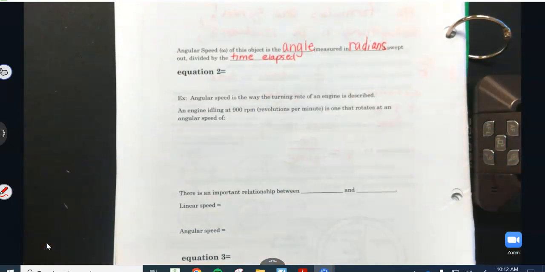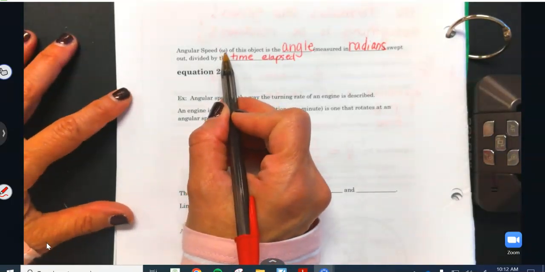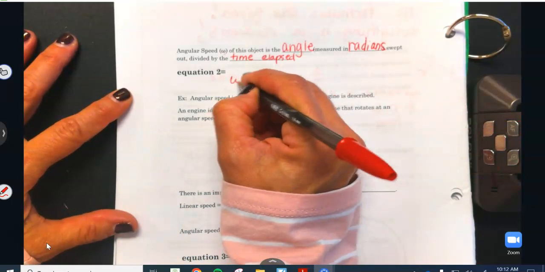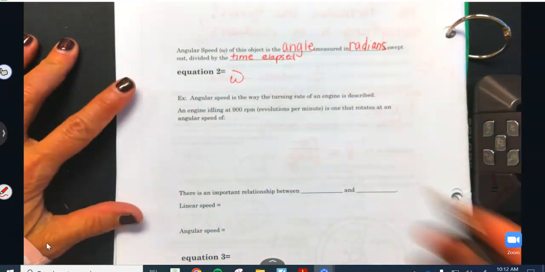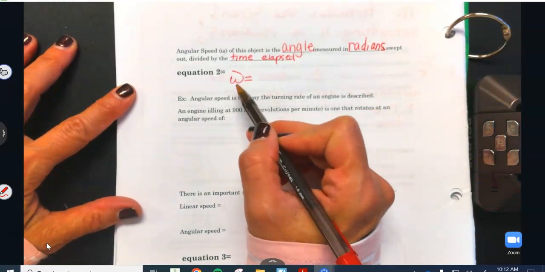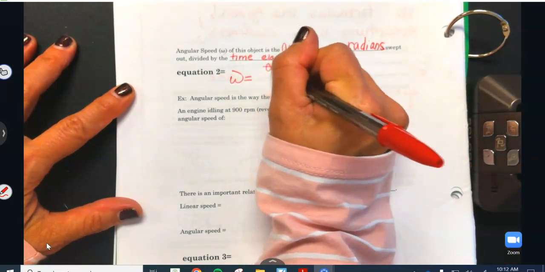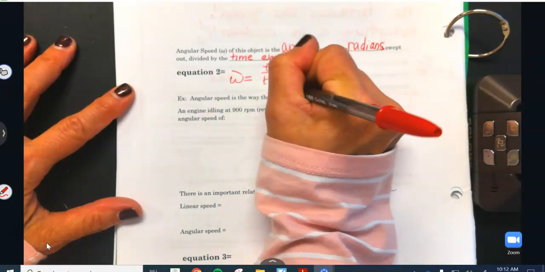So the second equation that's not going to be provided, you do need to get this one done. Look, see how it has that little curvy looking W? That's actually a Greek symbol. So let's draw a curvy looking W. I wish I remembered what that was. I don't. That angular speed equals radians divided by time.